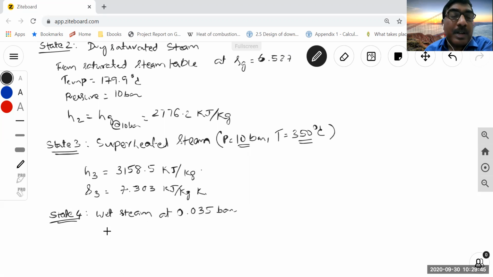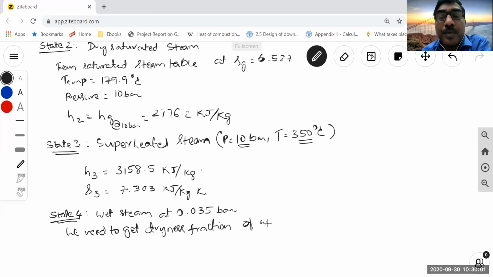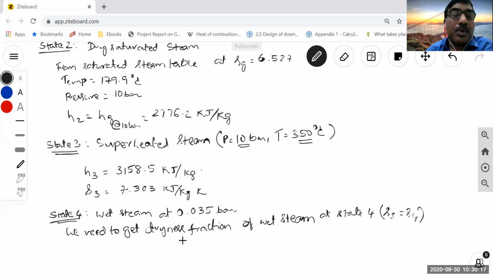From the entropy value. So we need to get the dryness fraction of wet steam at state 4 by using the equation S3 is equal to S4.